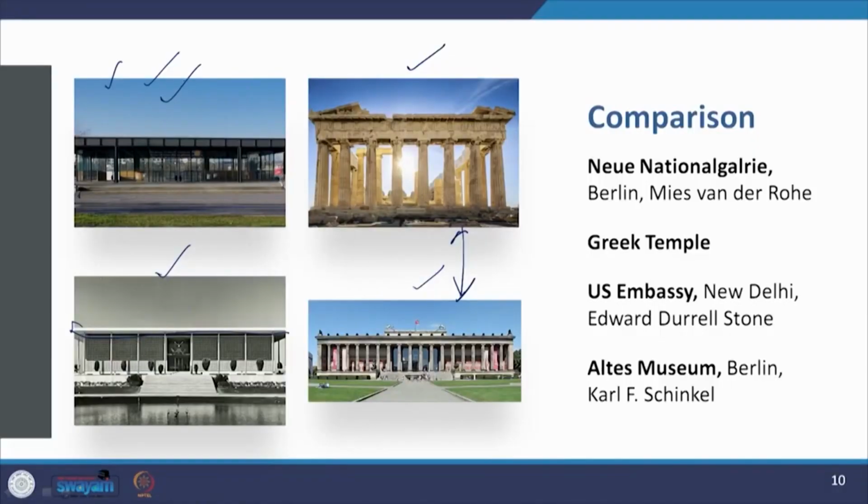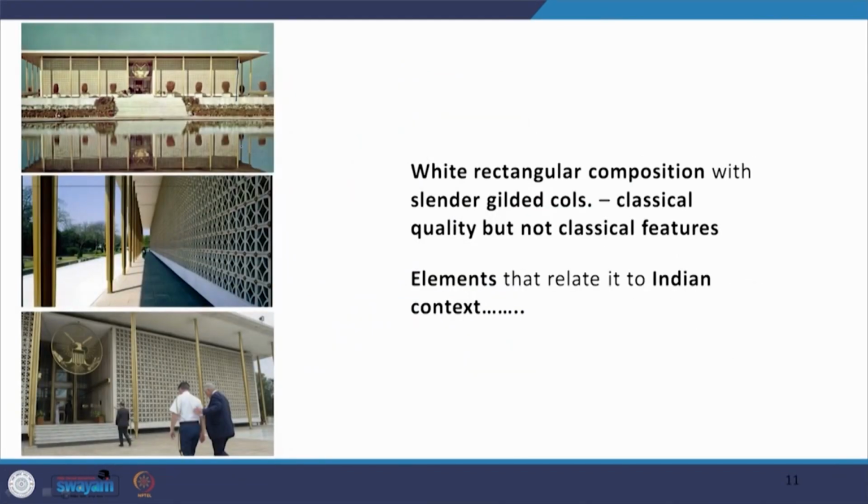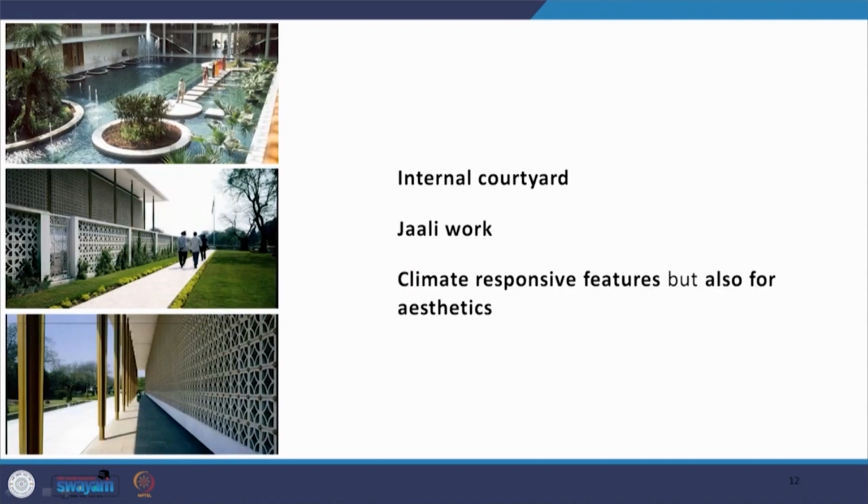The column itself did not have the dimension of a classical column. This in a sense was similar to the approach of the New National Gallery by Mies van der Rohe, where the column is a steel I section, so it is a slender column, but the facade is a reflection of the classical facade. The other aspect was the elements that related to the Indian context. What you have here is the internal courtyard, and the jali work.